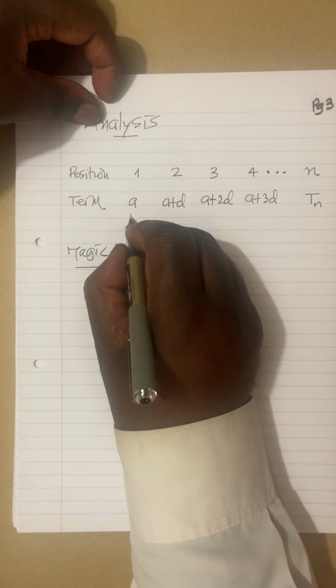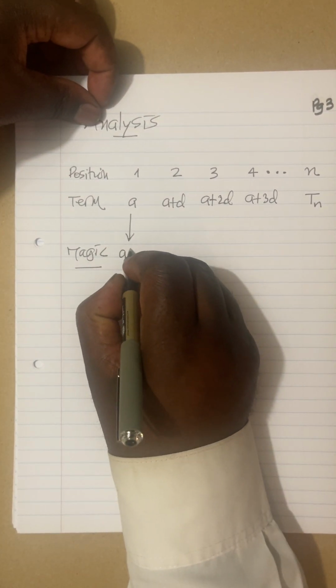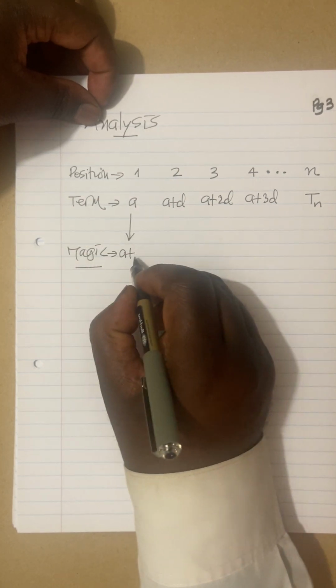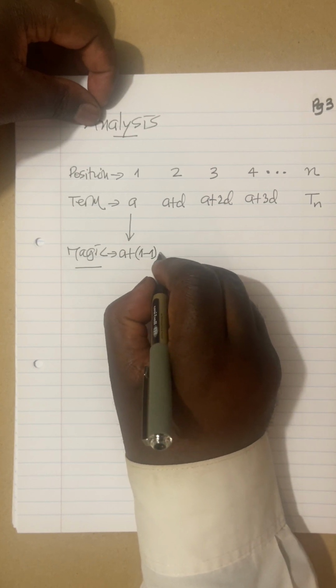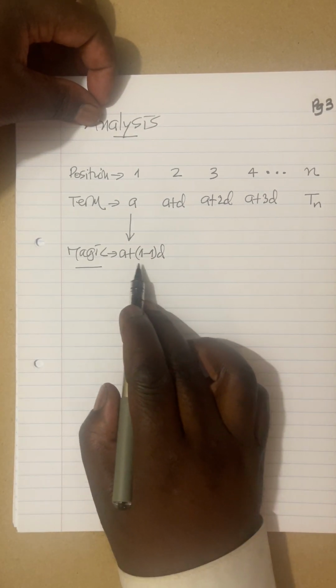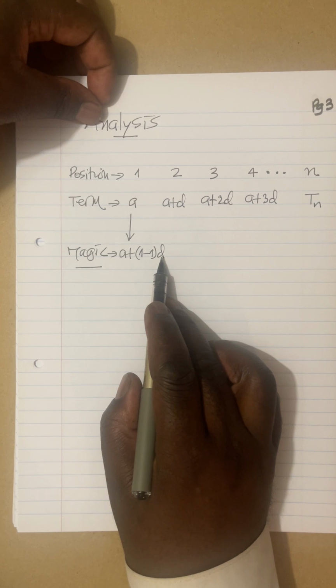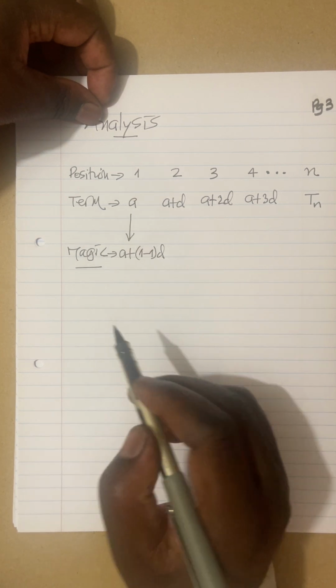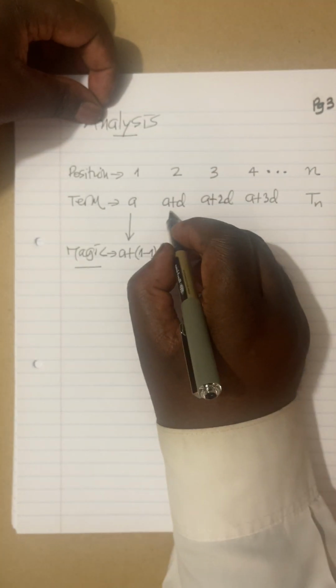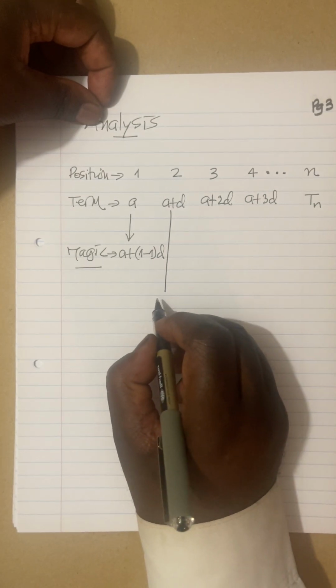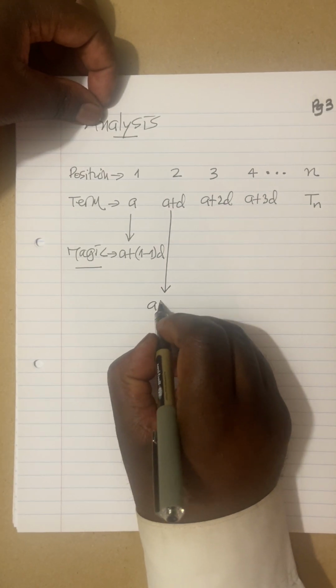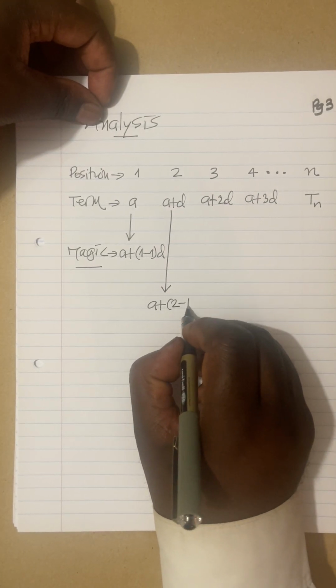I can write this a as a plus, watch this, 1 minus 1 times d. Obviously, 1 minus 1 is 0, times d is 0, and 0 plus a is still a. This term here, I can write as a plus 2 minus 1 times d.